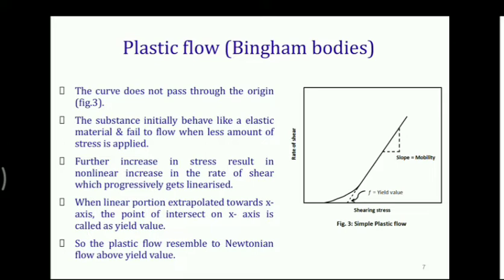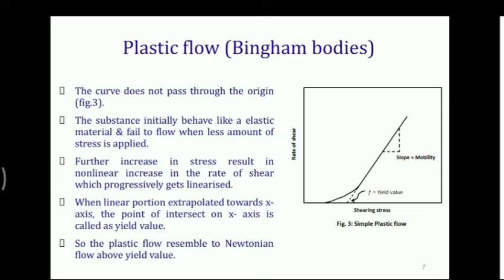Next, when you go on increasing the stress, a further increase in the stress results in a non-linear increase in the rate of shear, which progressively gets linearized. Initially, after application of a certain shearing stress, the curve is non-linear, and afterwards it is a completely linear portion.